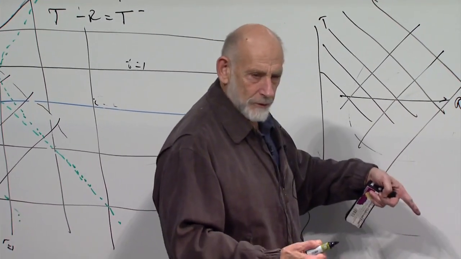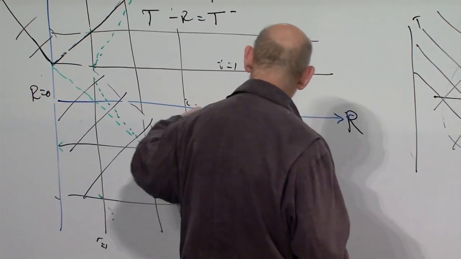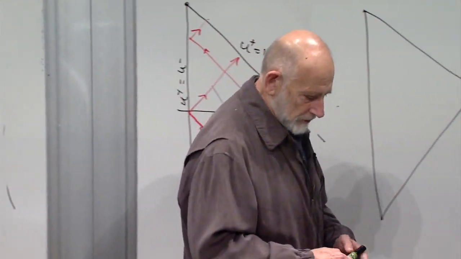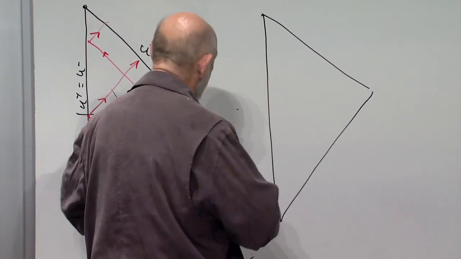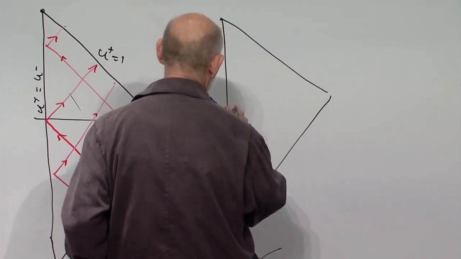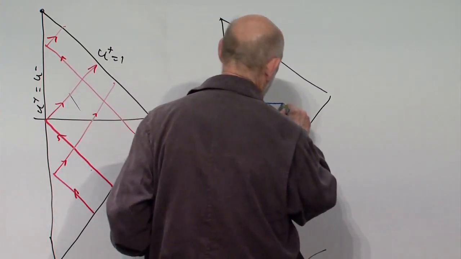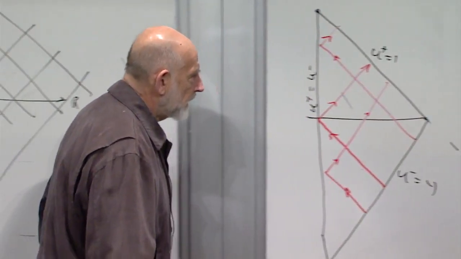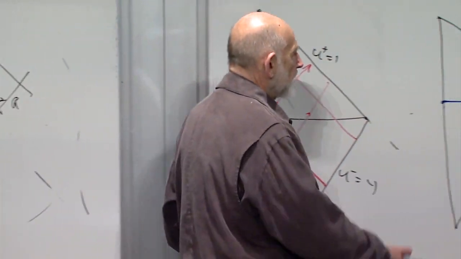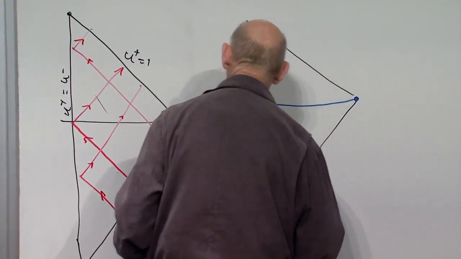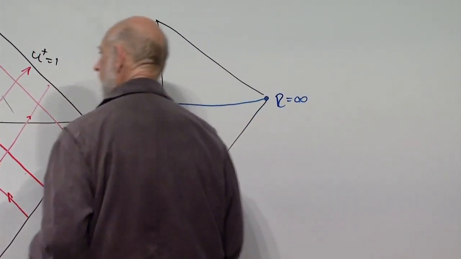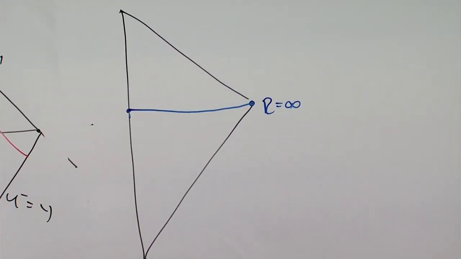We'll allow ourselves even to exceed the speed of light and just move outward in our imagination. What does that look like? That looks like starting at a point over here and just moving outward. And where do you eventually get to? You get to there. So this point must be spatial infinity, r equals infinity. It's where you get to if you just walk along this line till you get out to infinity.